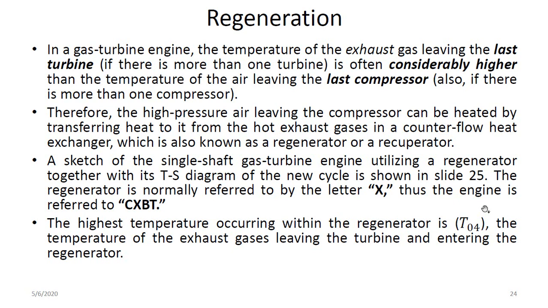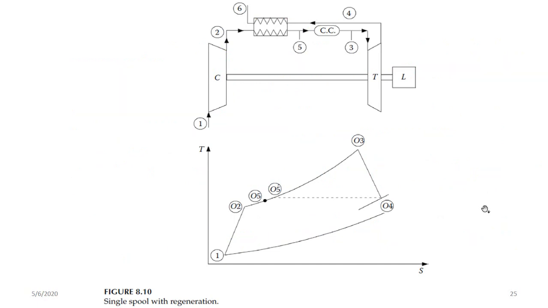And this regenerator is used to heat the air that is leaving the compressor. So the highest temperature occurring in the regenerator is T04, the temperature of the exhaust gases leaving the turbine and entering the regenerator. So here is what I just said.